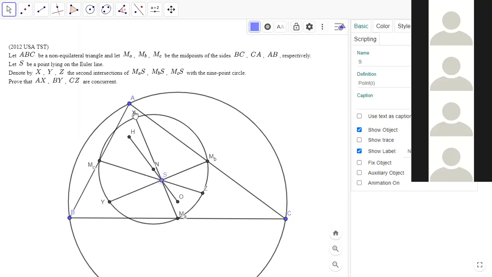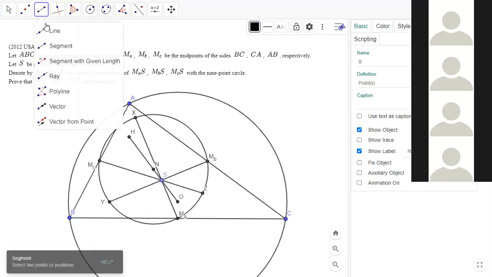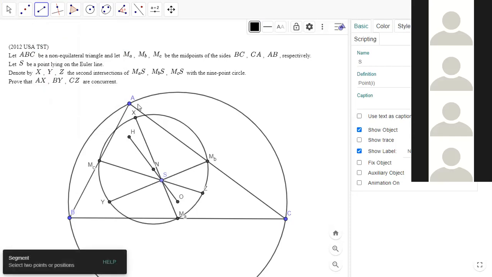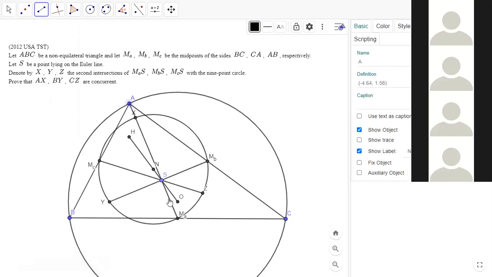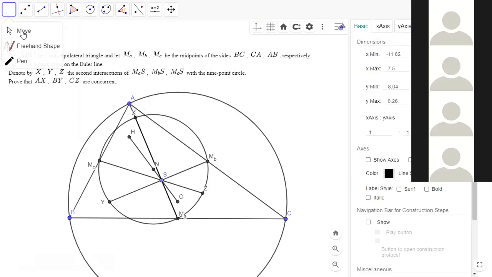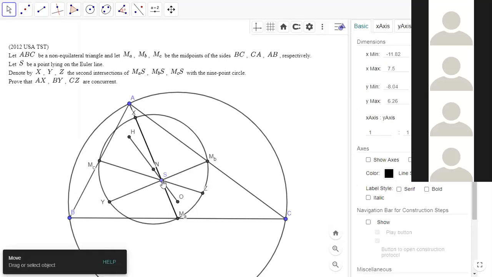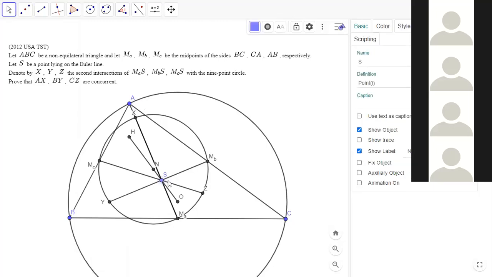Okay, so let me draw the centroid. I forget, is the centroid like, well, that doesn't look right. Yeah, let me move S a little bit so it doesn't look like that.